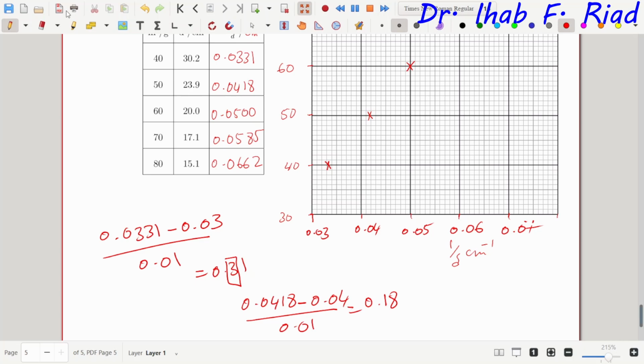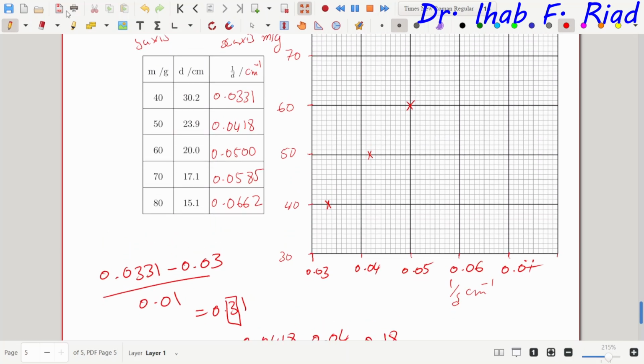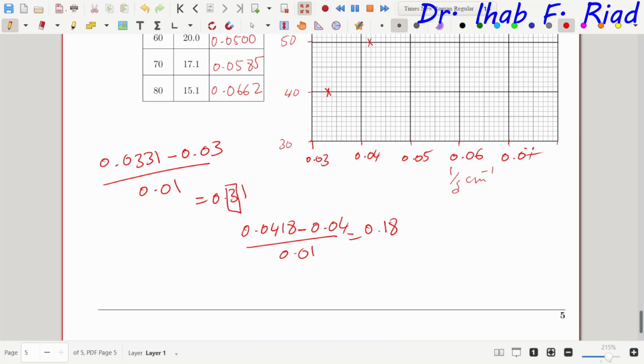What about 70 and 0.0585? 0.0585 minus 0.05 divided by 0.01.